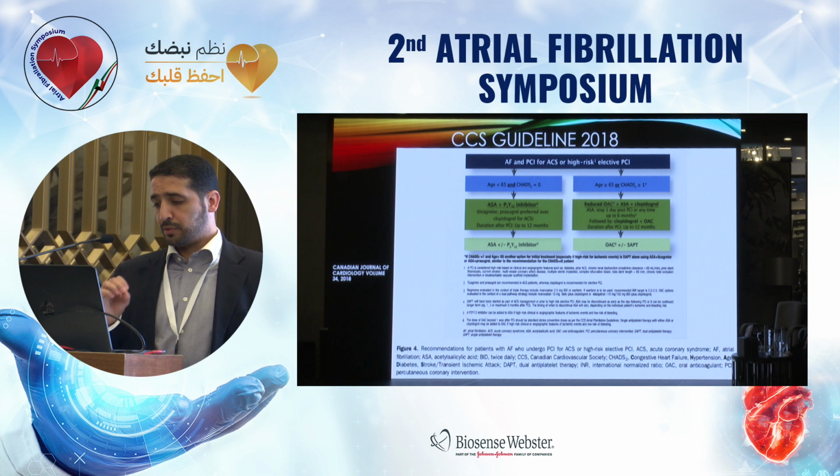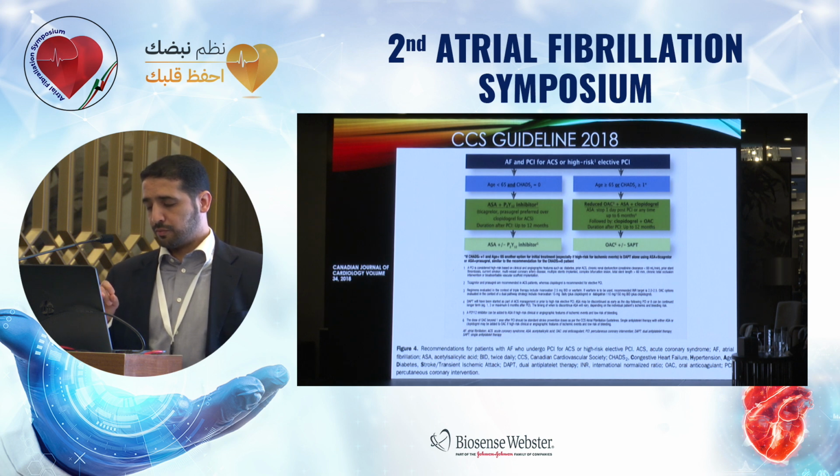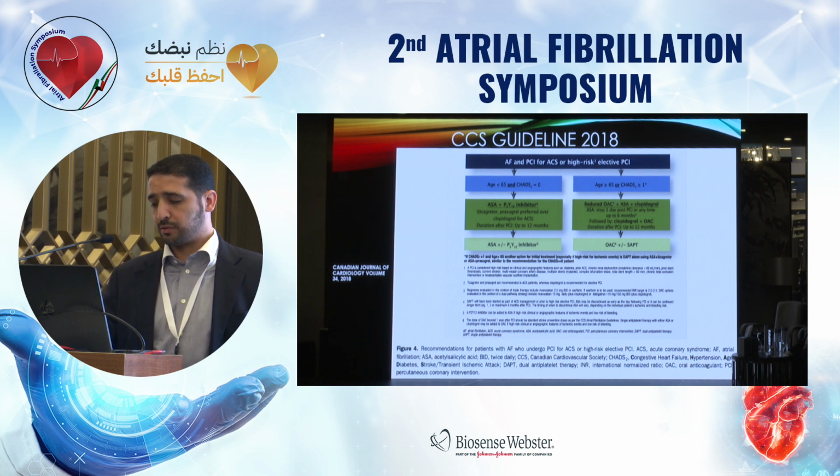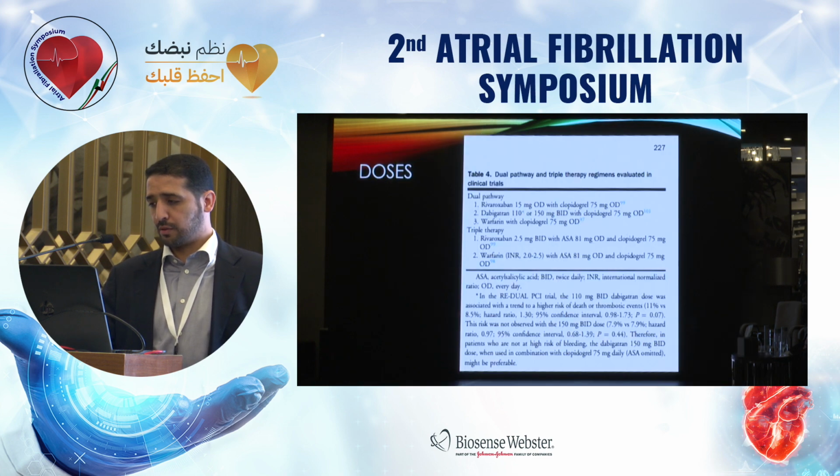They say you can use apixaban 2.5 in the triple therapy. I would vote against that, because 2.5 is not protective against thromboembolism in patients with atrial fibrillation. If you are going to use triple therapy, you should use a dose that prevents thromboembolic events.